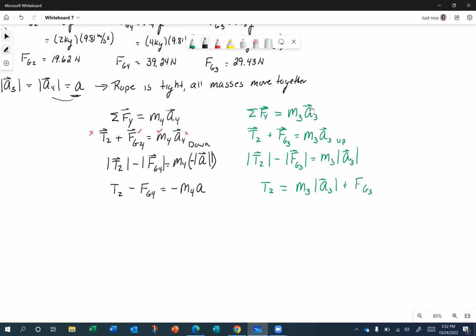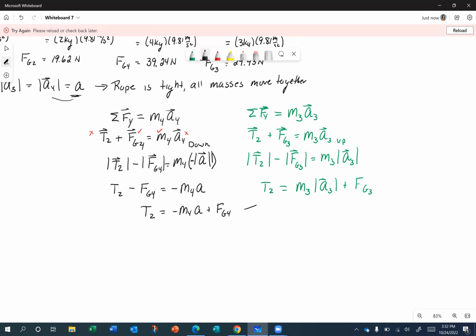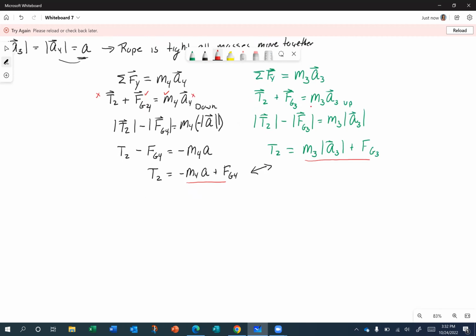Over here, we got T2 to equal negative M4 A plus FG4. So if these two are equal to each other, then the right sides are also equal to each other. So if I set the right sides, which only have the A in them, then I should be able to solve for the A. So that's what we're going to do.